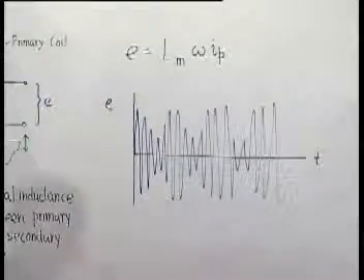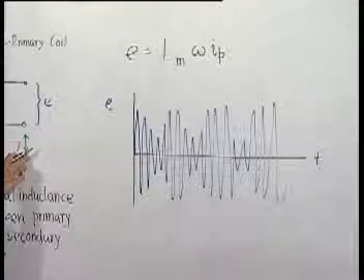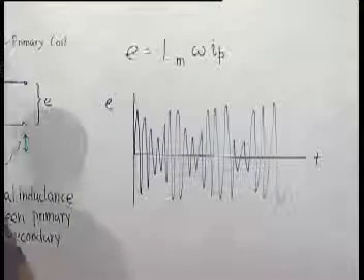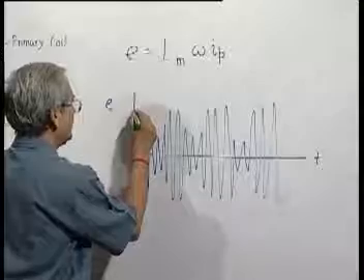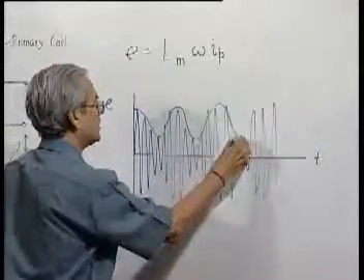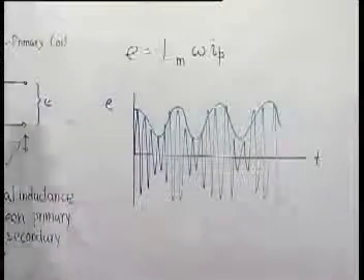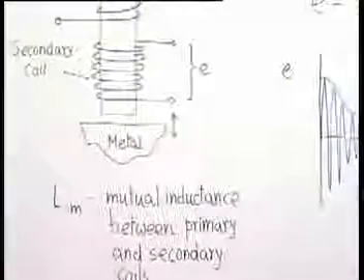Now, this fluctuation is because the mutual inductance is varying due to the variation of this. Therefore, this modulated output which you are getting, if you demodulate it, you will get a fluctuation like this, which represents the vibration of the object which you are trying to measure.